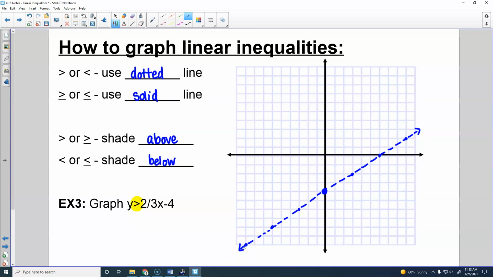And then, since I have a greater than sign, should I shade above the graph or below? Above. So I'm going to use the highlighter here. You can just lightly shade with your pencil, or if you have a highlighter and want to use it, go for it. We're just going to color everything above that line.